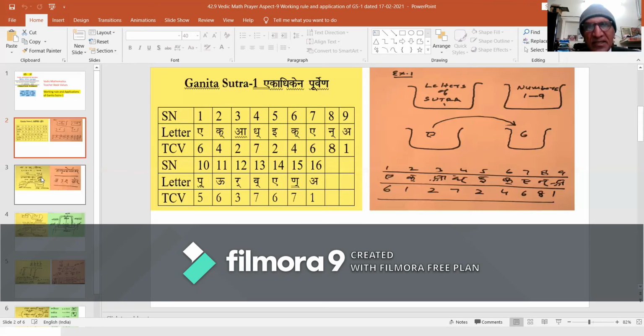Like that, sequentially, we can reach such associations. The first letter A will have a correspondence with value 6. Second letter Ka will have a correspondence with 4.